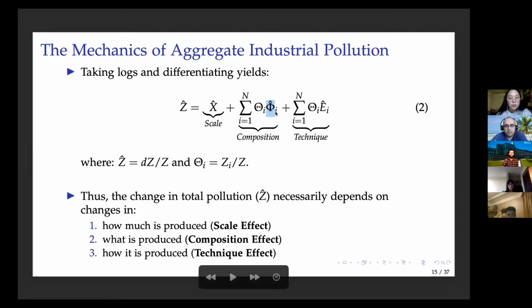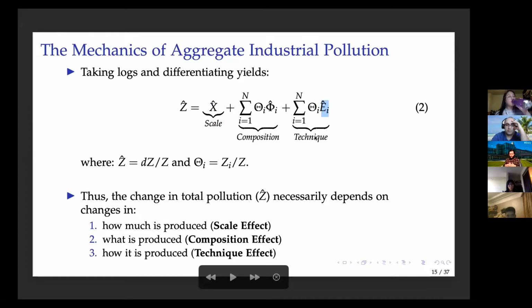In other words, changes in the share or the composition of these industries lead to a change in total pollution. And a technique effect, which says each industry might exhibit changes in air pollution intensity, and if we weight that by their share in the overall production of this sector, adding this all together gives us information about this technique effect.